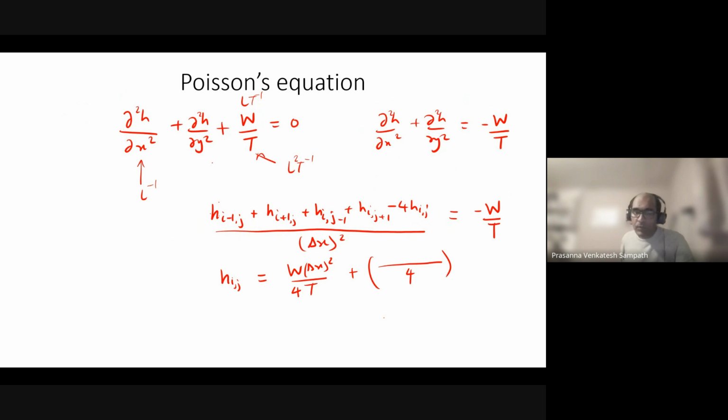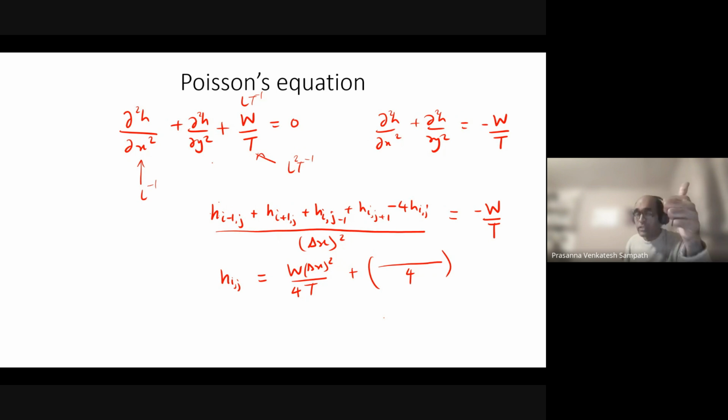That's all. So all I have done is add one term to the existing equation. And whether you want to use Gauss-Seidel or Jacobi, it doesn't matter. You can still use the same method. All I have to do is add one more term, and that gives you the answer to the problem.